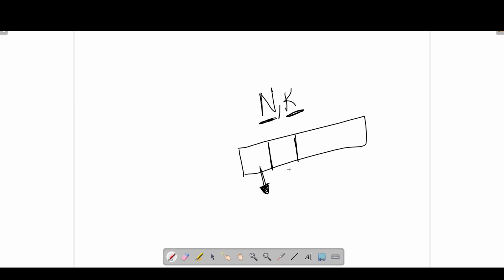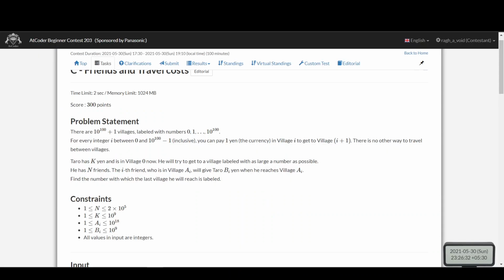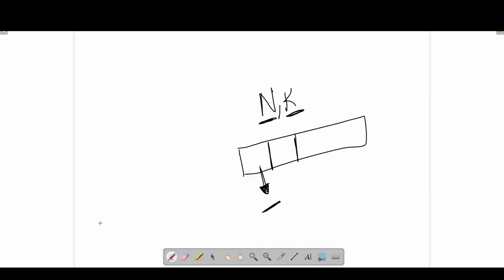This is pretty obvious because the one with the lesser village value would also give us some money, because as we can see in the constraints, bi is at least 1, so we would at least get one amount from our friend, and it is always beneficial to visit the friend with the lower village number.